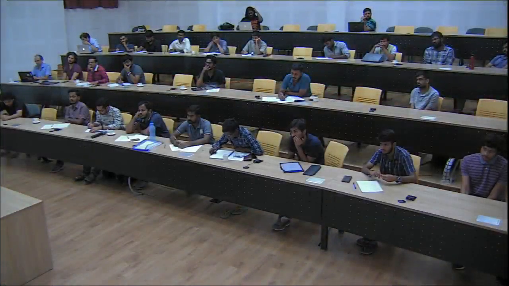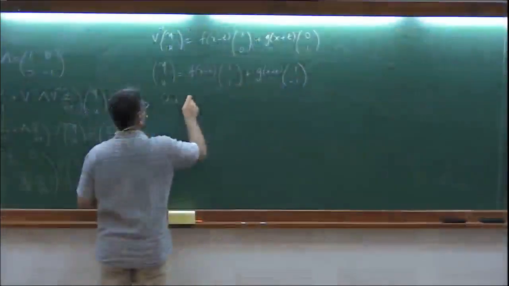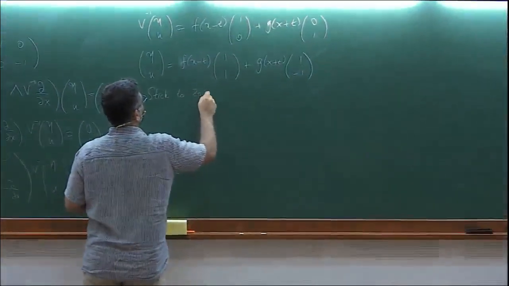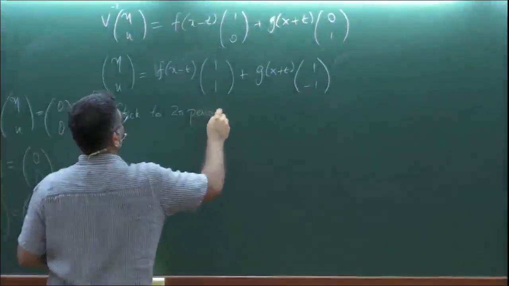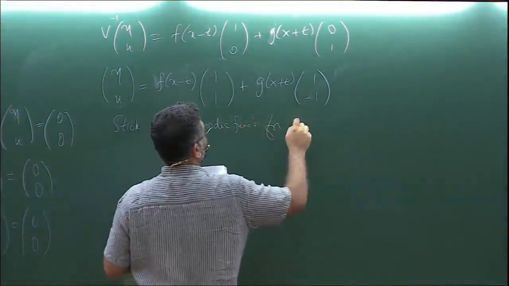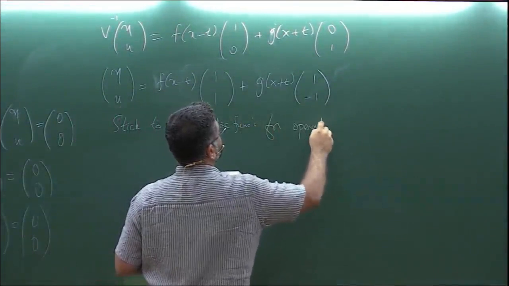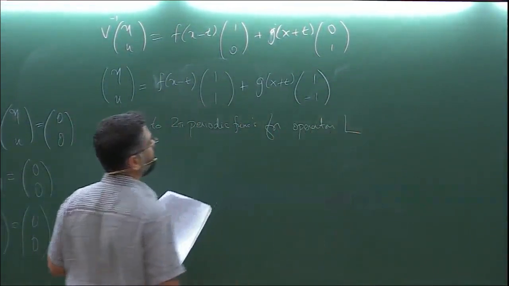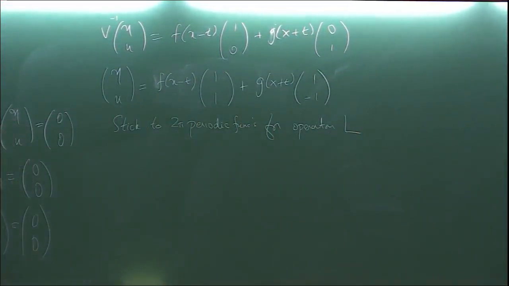Let's stick to or impose 2 pi periodic functions for the operator L. Now I can just say it's 2 pi periodic because in x and t it'll be the same period. So f is the function that's 2 pi periodic. G is the function that's 2 pi periodic. So it's 2 pi periodic in x and 2 pi periodic in t.